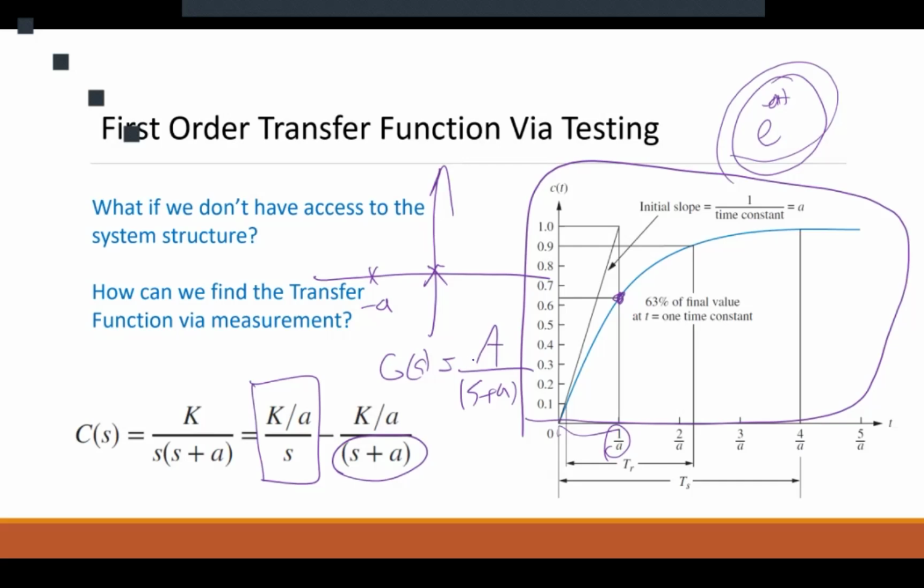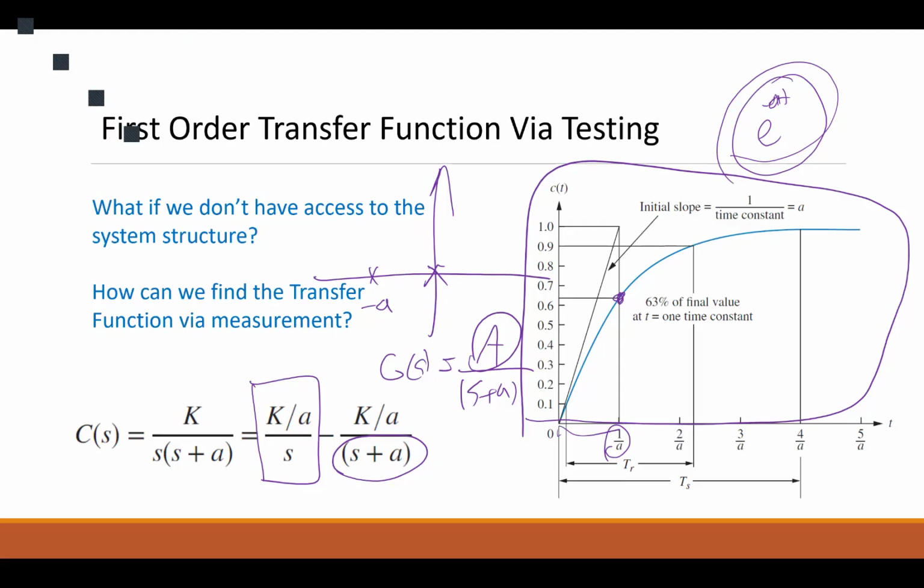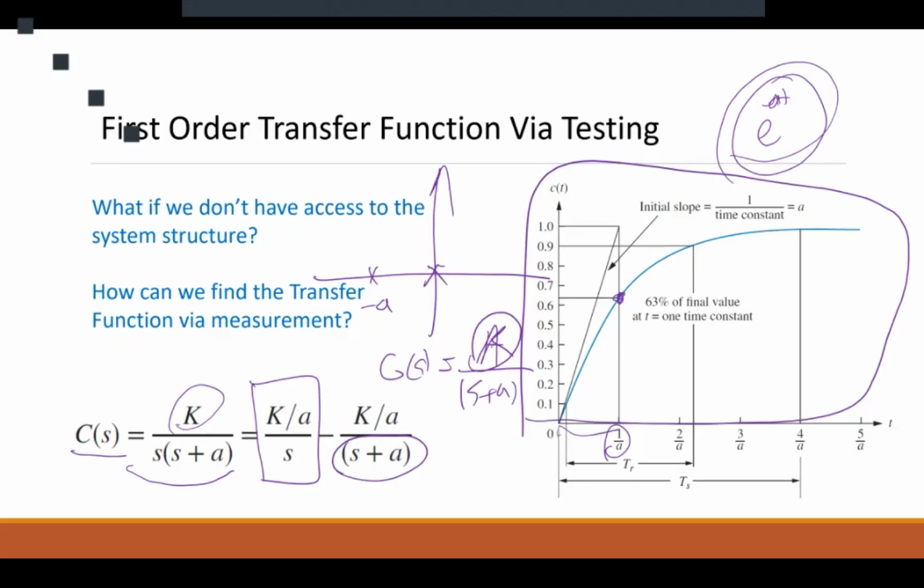Now, how can we find this coefficient? I call this coefficient K, let me do that to be consistent. So this is going to be our C of S: 1 over S is our input, and we already see from the graph that our transfer function is going to be a constant over S plus A.